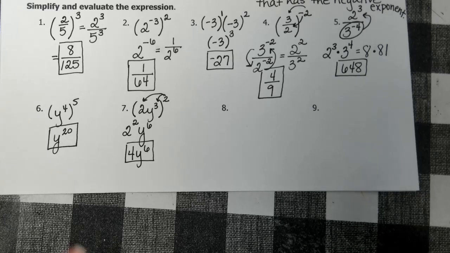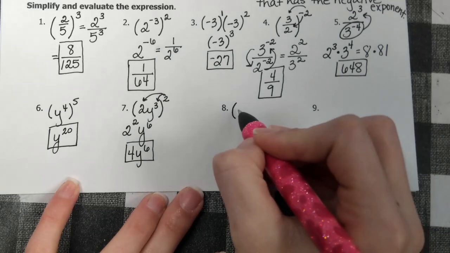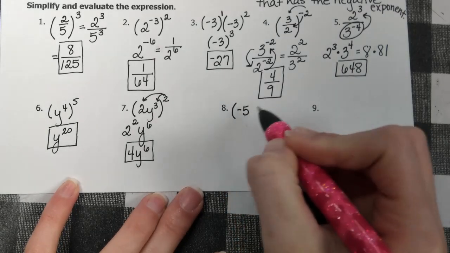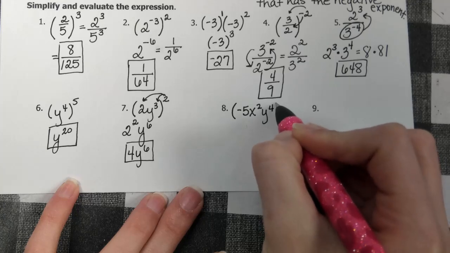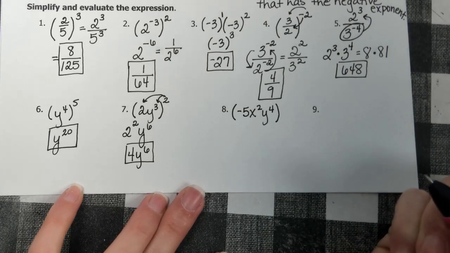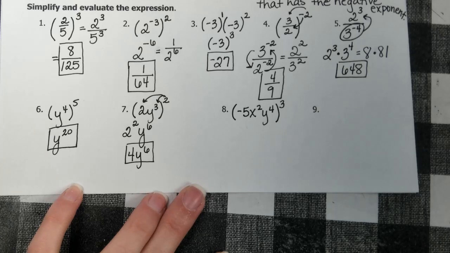All right. So example 8, I've got parentheses, and I have negative 5 x squared y to the 4th, all raised to an outside 3. So negative 5 x squared y to the 4th raised to the 3rd power.